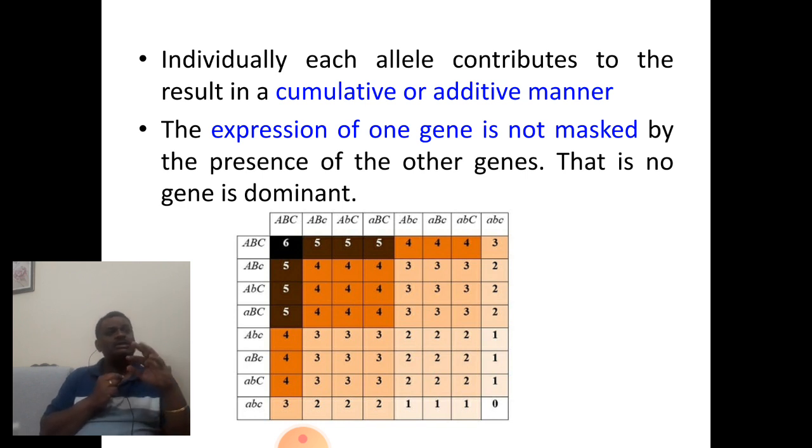So the concept of dominancy doesn't play a role here. I mean to say, when 2 dominant genes are there, both will show their expression. When 4 dominant alleles are there, all the 4 will show their expression. So the effect is equal and it is cumulative, and the effect of one allele is not masked by the other one.